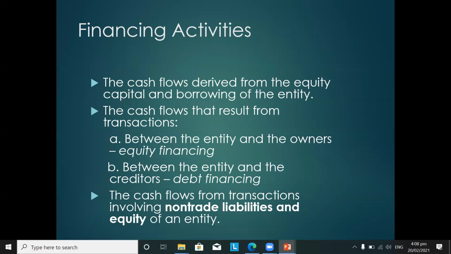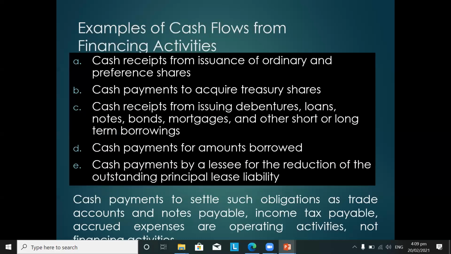So dalawa yung pwedeng panggalingan, either kumuha ka ng capital from your investors or manghiram ka ng capital sa creditors. That's why financing activities includes transactions resulting from equity financing, that is between the entity at saka yung owners, and debt financing, that is between the entity and the creditors.